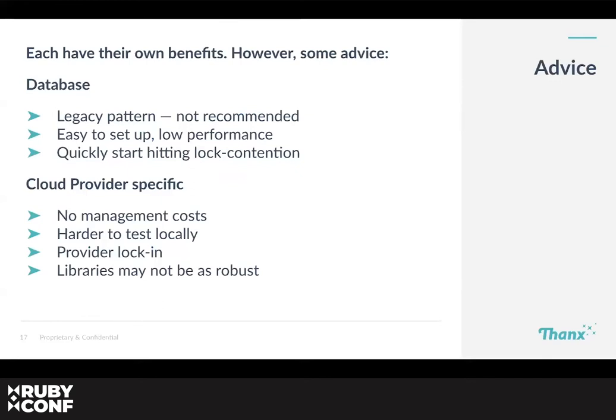I believe that because it has relatively low performance, especially depending on the database you're using, but for the most part, it has pretty low performance, you'll quickly start hitting lock contention, and it adds load unnecessarily to the database.